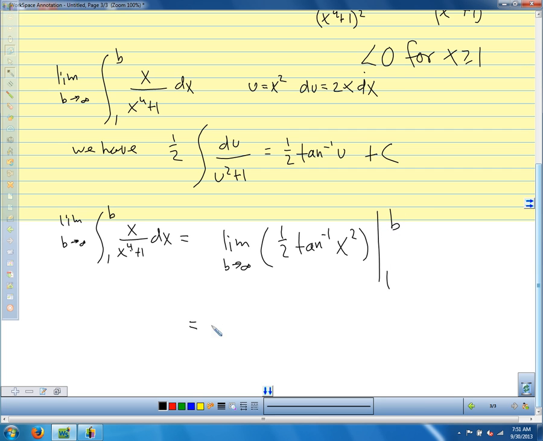If I write that out, I get 1/2 the limit as b approaches infinity of inverse tangent of b minus the inverse tangent of 1.